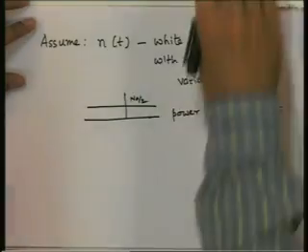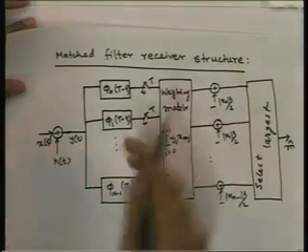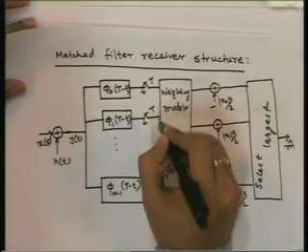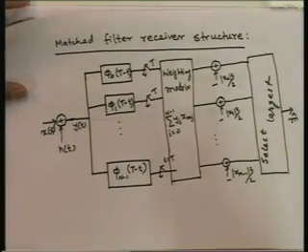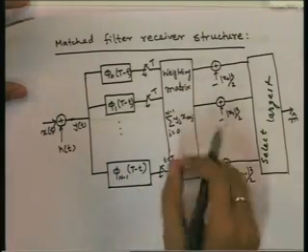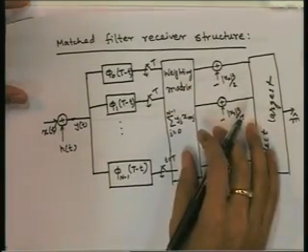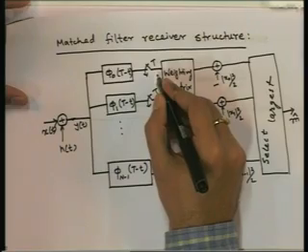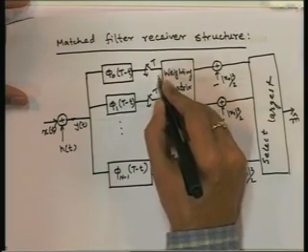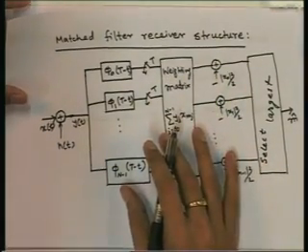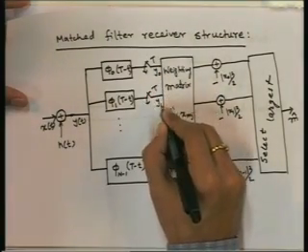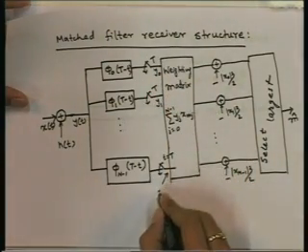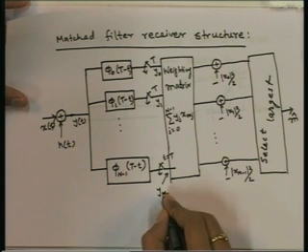And these are the y_i's: y_0, y_1, y_(N minus 1).